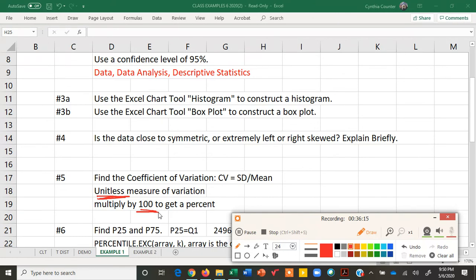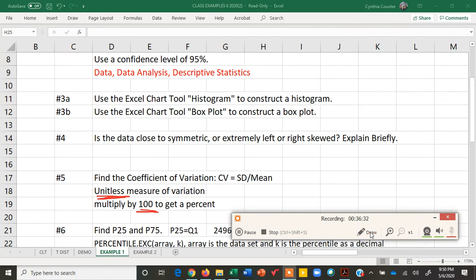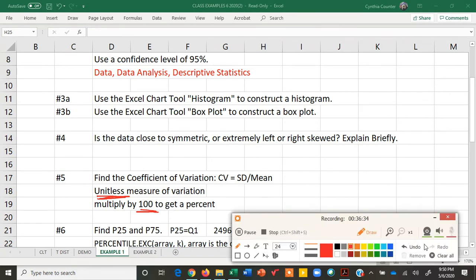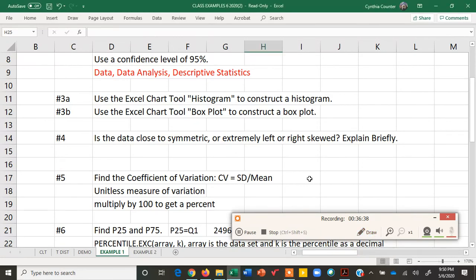And then you can use this to compare data sets with different units, right? So that's really useful to compare different types of data sets, to make them comparable when they have different units especially. So the coefficient of variation, like I said, is simply the standard deviation divided by the mean.